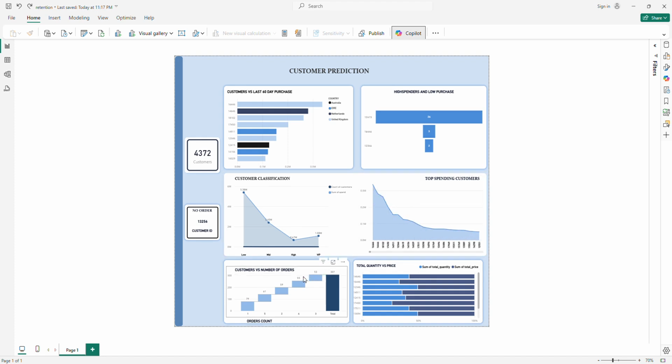Now, the customers who bought from 5 to 1 items, customers who bought 5, 4, 3, 2, 1 items, are a total of 307. So these are the customers who have bought fewer things from this data set.